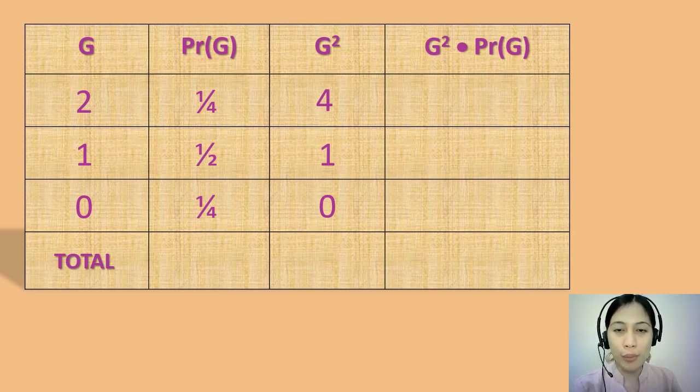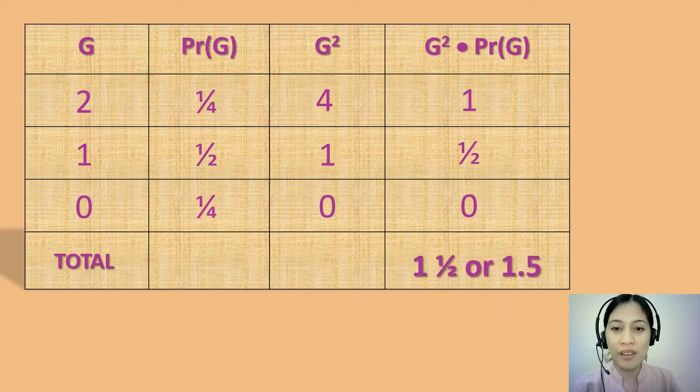For g squared times the probability of g, we simply multiply g squared by P(g). So we would have 4 times 1/4 will give us 1. 1 times 1/2 will give us 1/2. And lastly, 0 times 1/4 will give us 0. So we have a total of 1 and 1/2, or 1.5.